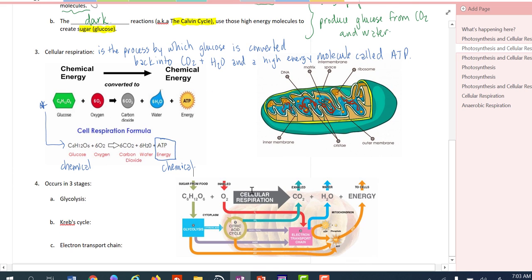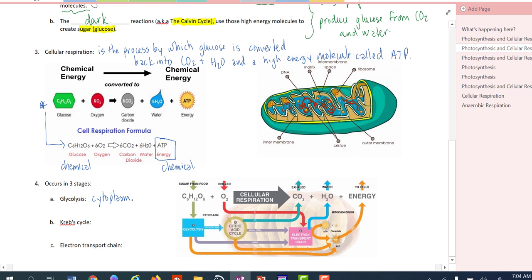Cellular respiration occurs in 3 stages, and these 3 stages are listed below, and we'll look at them in more detail in class this week. So I'm not going to go through them other than tell you the 3 stages. We have glycolysis, which is the first stage, and it actually occurs in the cytoplasm.